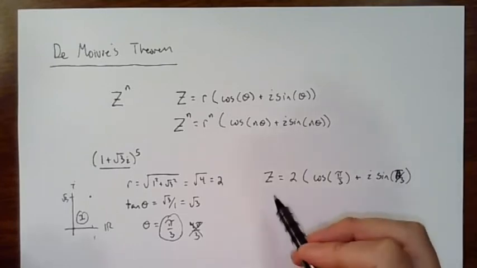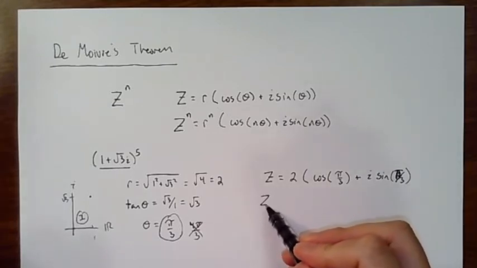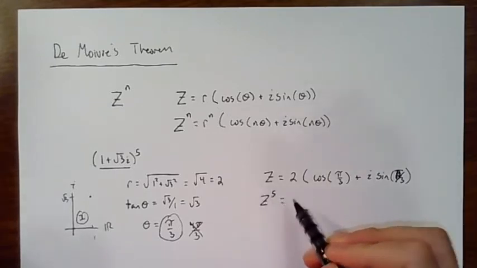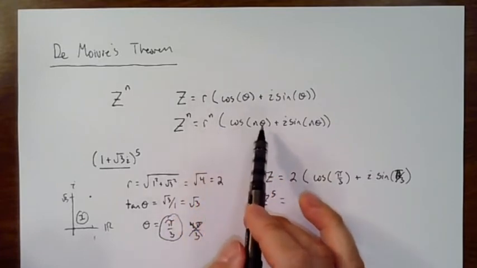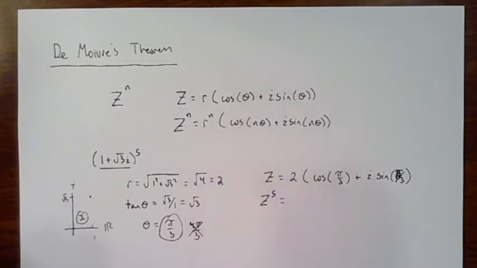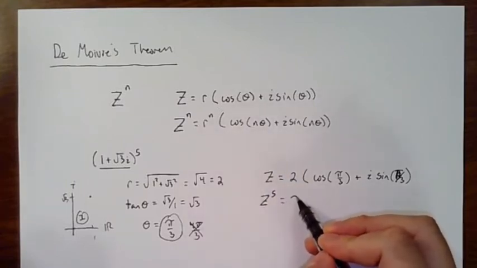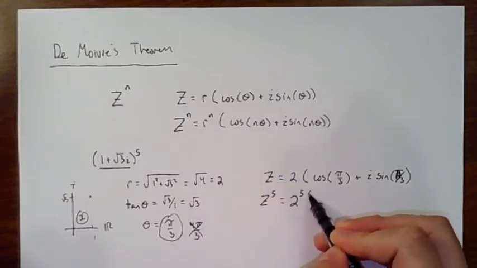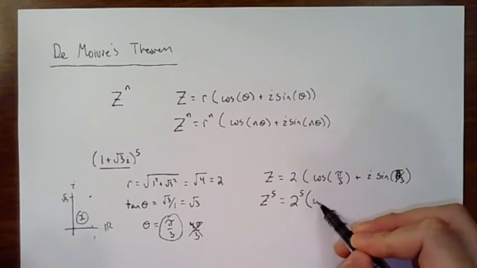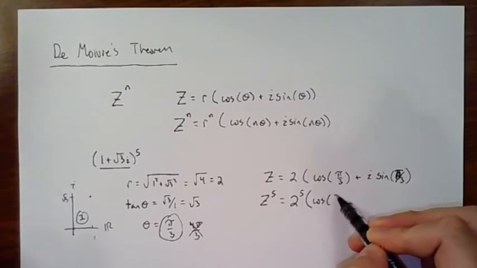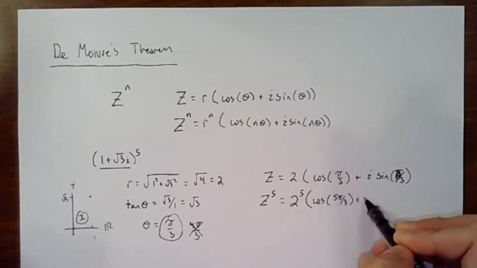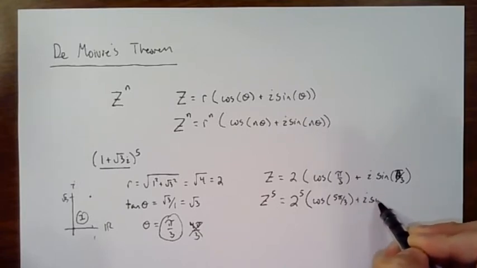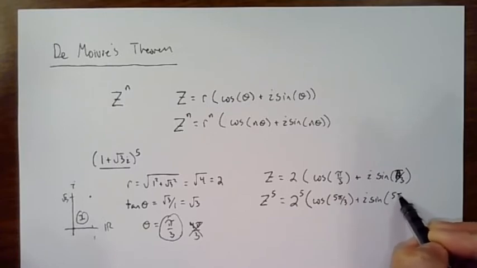Okay, so we're going to try to find z to the fifth. Now, if we invoke de Moivre's theorem, it says that we raise the r to the fifth power and multiply the thetas by 5. So we will do that. We'll have 2 to the fifth times cosine 5 pi over 3 plus i sine 5 pi over 3.